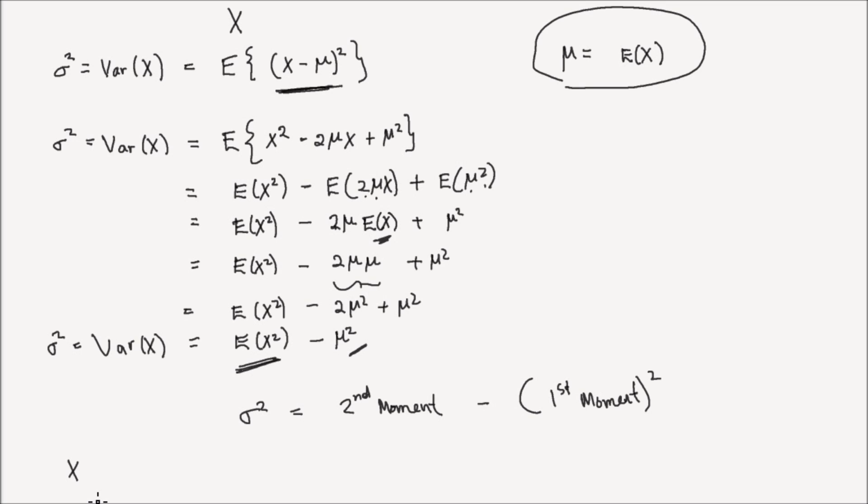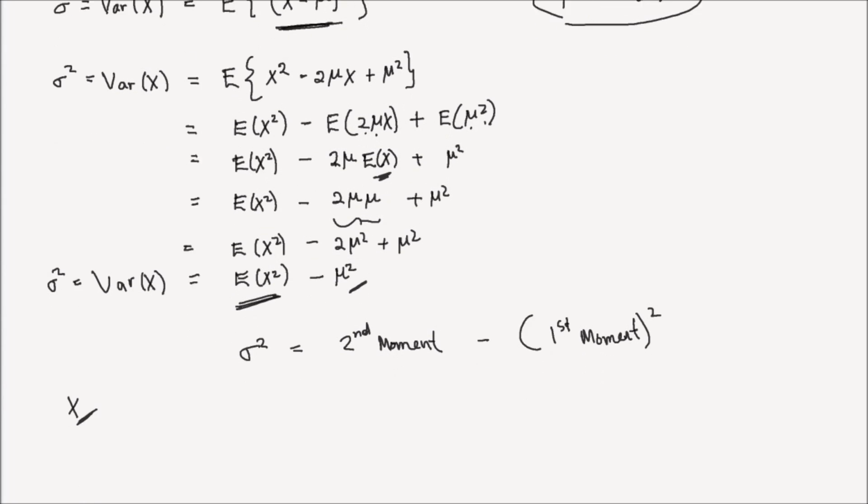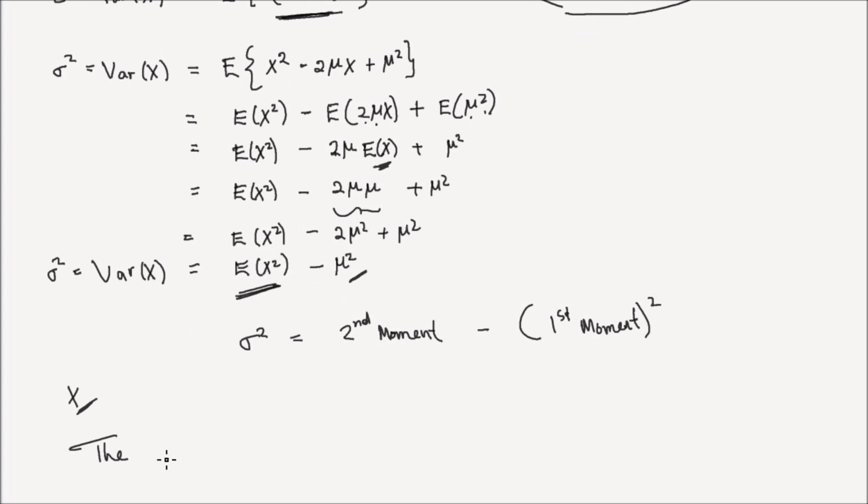To make sure that the measure of spread has the same unit as the random variable itself, we introduce something we call the standard deviation of a random variable. So if we have a random variable X, the standard deviation, denoted by sigma, is the square root of the variance.